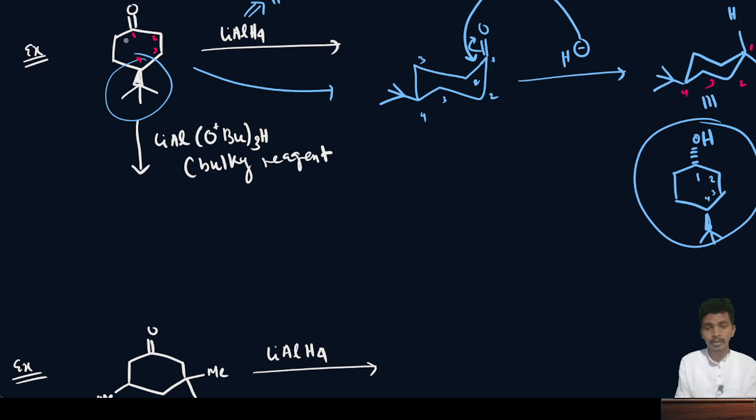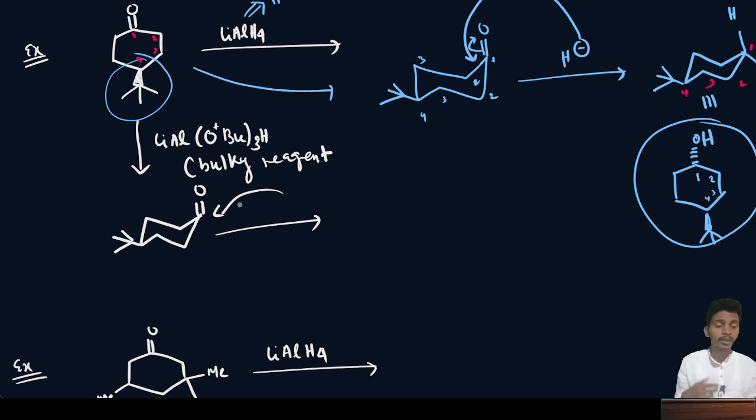First I will convert this cyclohexane into the chair form. After that, at position 1 we have these groups, and here we have these groups. Since it is a bulky group, it will always attack equatorially. It will not do axial attack.